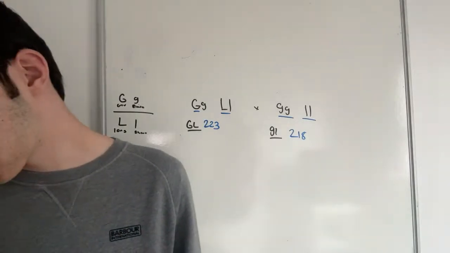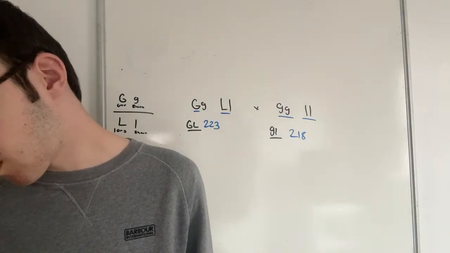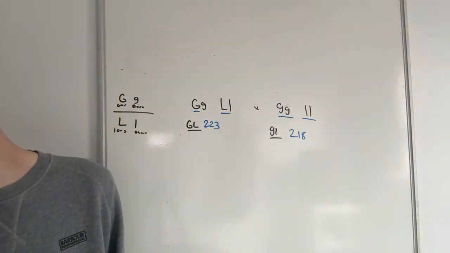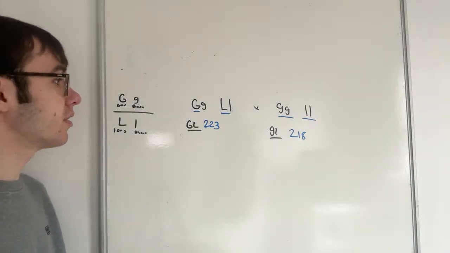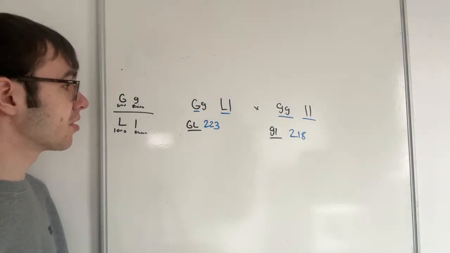They're not on the sex chromosomes. They crossed them. That's the result of a cross. No, I don't get this at all. Why would it be autosomal linkage?